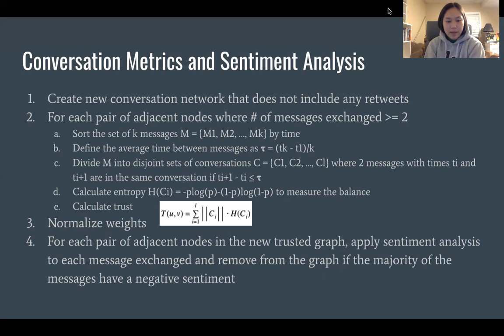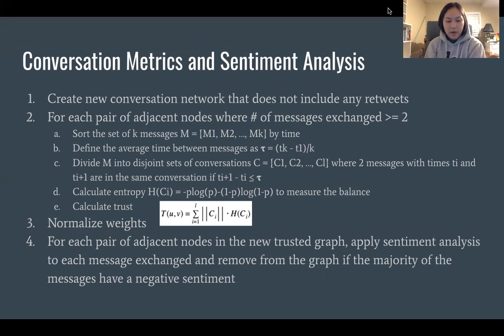Then an entropy equation is used to calculate trust, to measure the balance of the conversation. The P here is the percentage of messages that are sent by one user in a specific conversation.